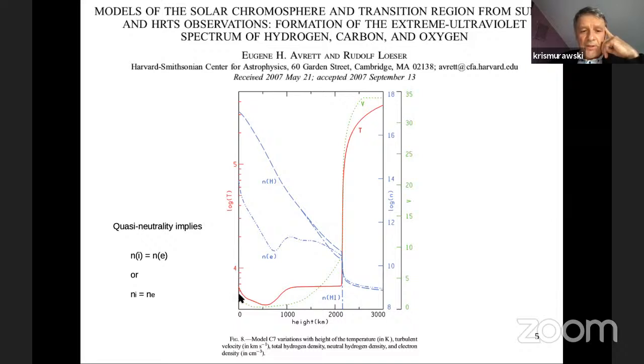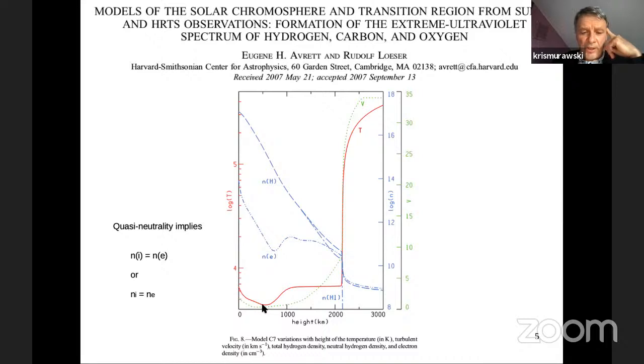What they did, they inferred from their observational spectral data the temperature in the photosphere, which is a 500 kilometers thick region. And the photosphere at its bottom is, roughly, say, 6,000 kelvins.